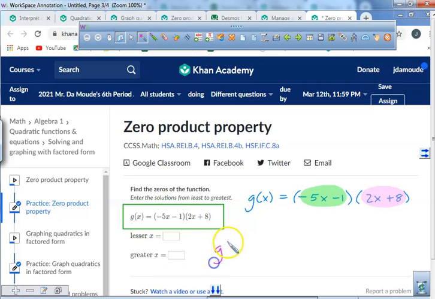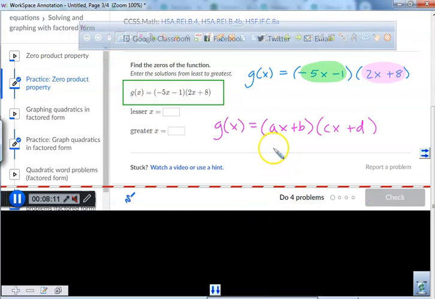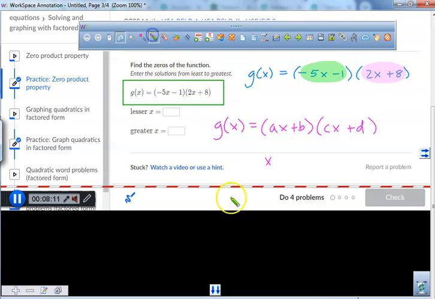So for example, if I have g of x equals ax plus b times cx plus d. So if we had a quadratic like this, where you had an a value and a c value, I want to show you guys how to find your solutions. Okay. So one of my solutions, and I'll highlight these in green and lavender, just like the ones up above.